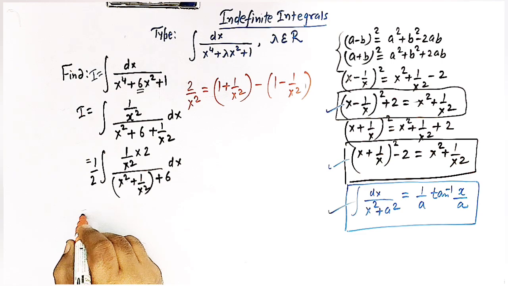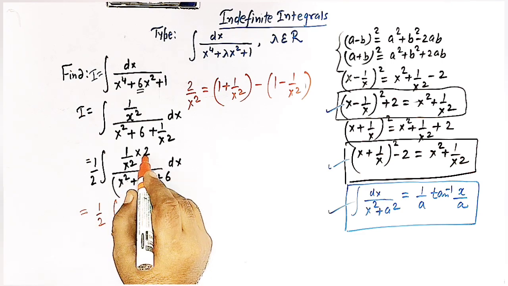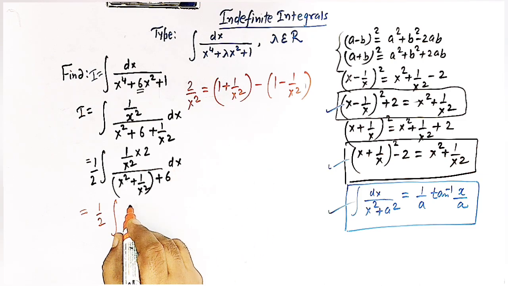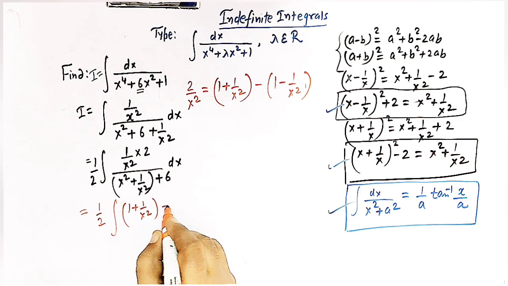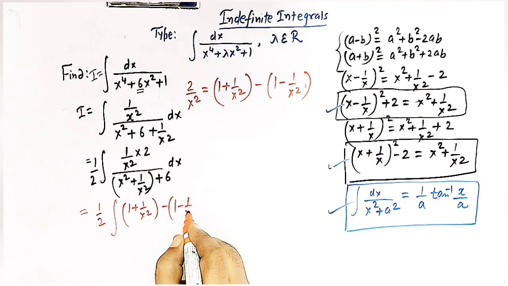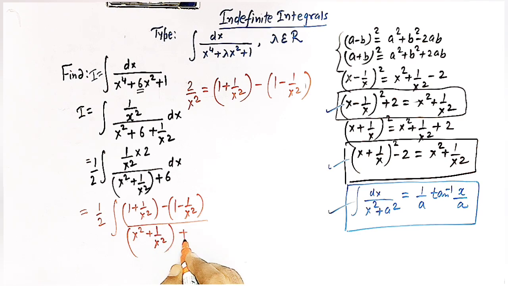So now we can write this integral as half, and then 2 over x square can be written as 1 plus 1 over x square and minus 1 minus 1 over x square, divided by the denominator, that is x square plus 1 over x square plus 6 dx, right?